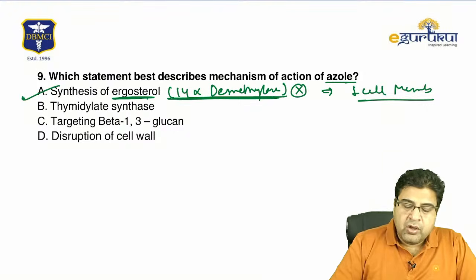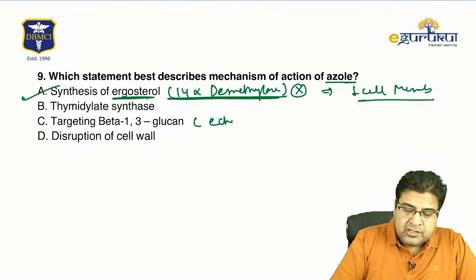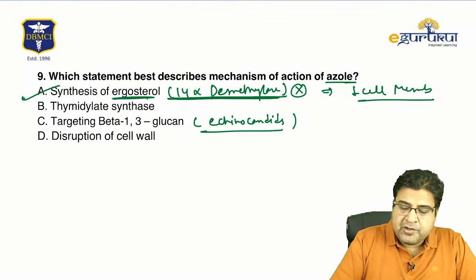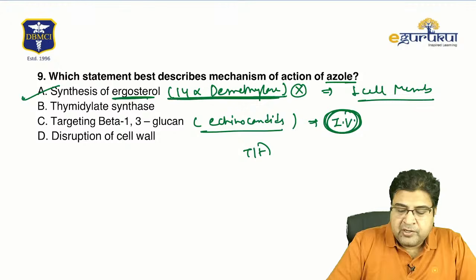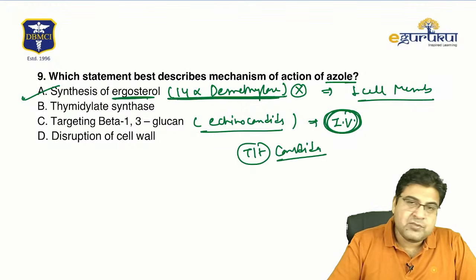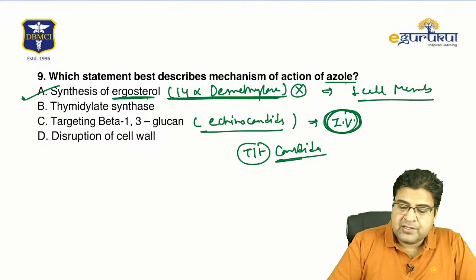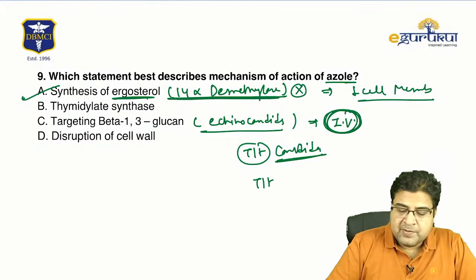So we can use azole as one of the antifungal drugs. Right? Now the medicines which are beta-1,3-glucan inhibitors are echinocandins. Now guys, please remember very important points. Echinocandins are given by IV route, and they are useful for the treatment of candida. They are very good medicines for all candida species, and they can be given for aspergillosis.